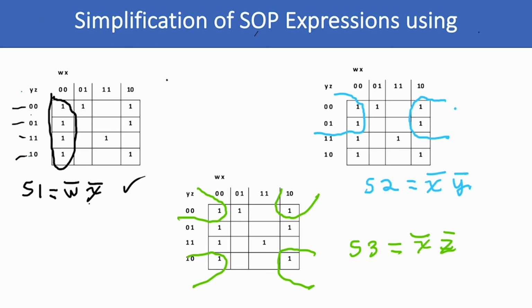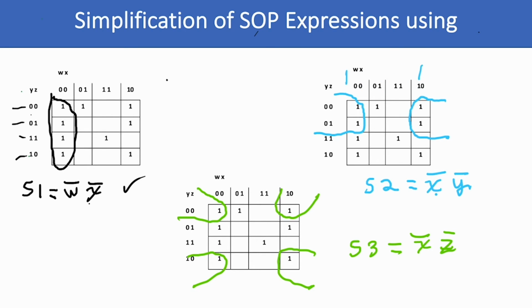So we've picked up these 2. We'll call that S2, subcube 2. Let's calculate what this product term is going to be. Let's look first at what changed from here to here. The w went from a 0 to a 1, so it falls out. The x stayed at a 0, so that's x bar.